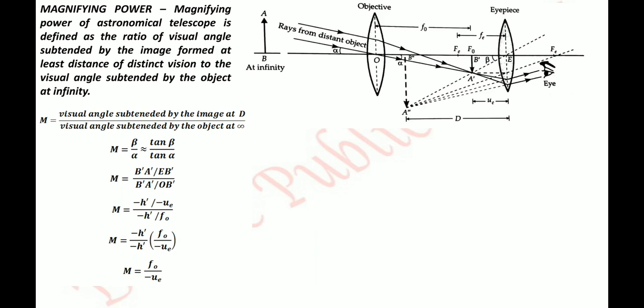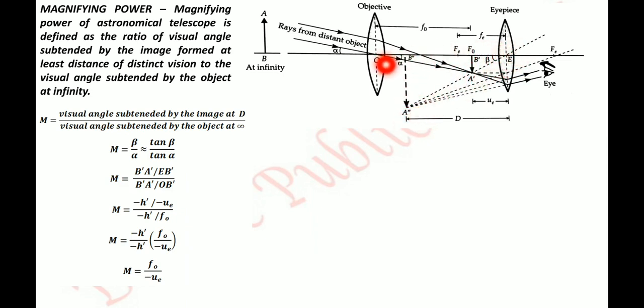It is the old song which we have been singing for so many days. Since the angles are very small, they can be replaced by their tangents. Now tan beta, we can write in two triangles. One is the smaller one, E B dash A dash, and the other is the larger one, E B double dash A double dash.